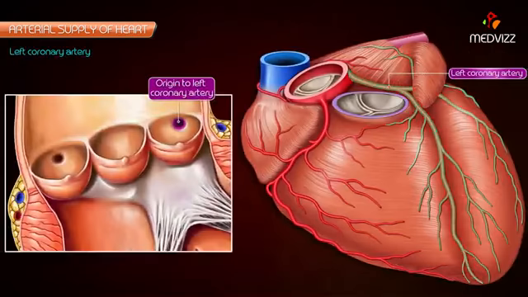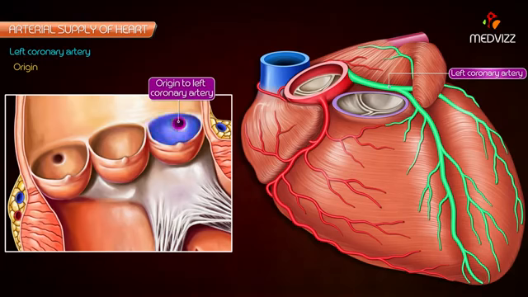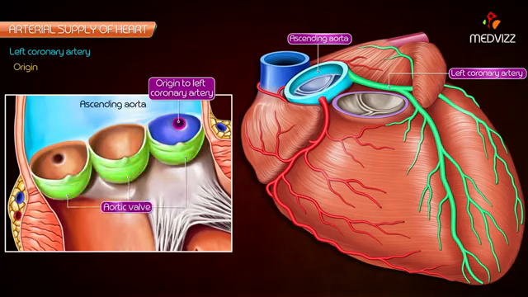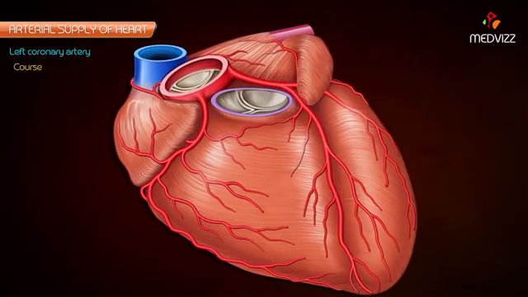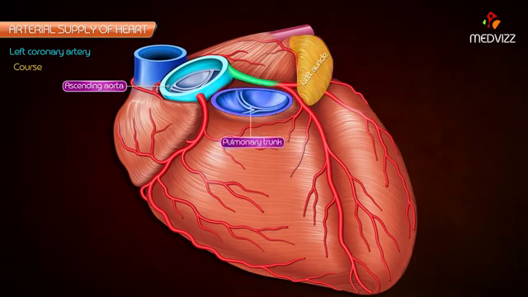Left coronary artery. Origin. The left coronary artery arises from the left posterior aortic sinus of the ascending aorta immediately above the aortic valve. Course. After arising from the ascending aorta, the left coronary artery runs forwards and to the left between the pulmonary trunk and the left auricle.